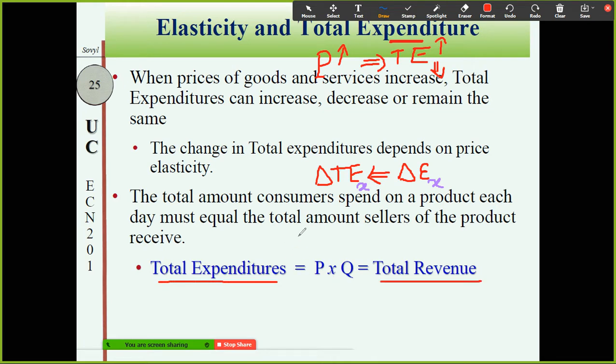So each time of selling or buying, the total amount of money spent by buyers must be equal to the total amount received by the seller or supplier, and also equal to the market value of this product or these services that buyers spend to buy or sellers sell.